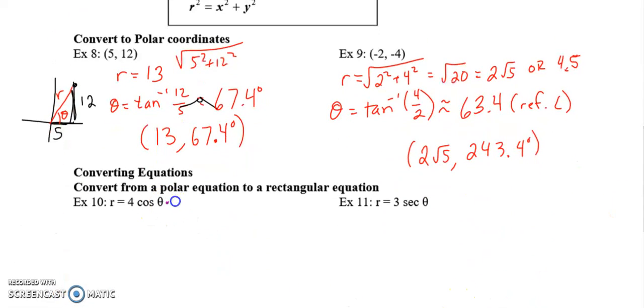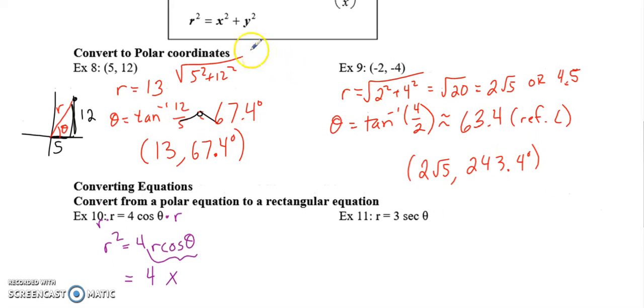So let's say we multiply both sides by r, because we can, non-zero number. We know this from up above as x, r squared, x squared plus y squared.